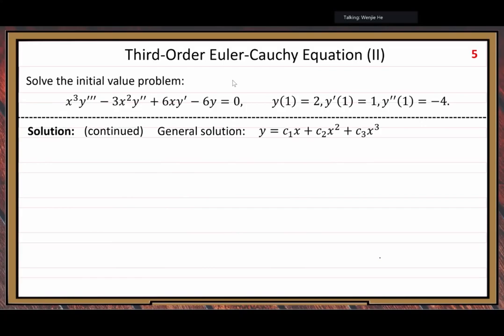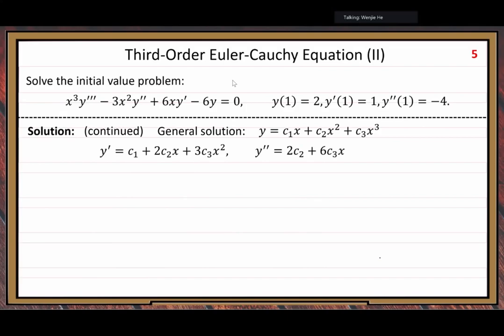So that's why we really want to make sure we get all the basis solutions. So here we need to check independence. If they are linearly independent, then we know they are a basis. All right, then the initial values.